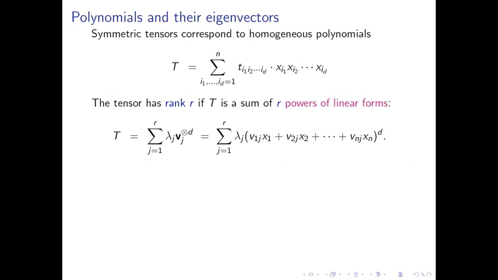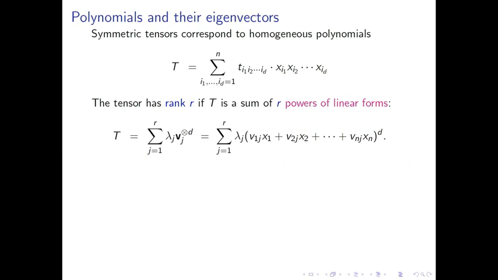So we have the stars and bars binomial many entries in the symmetric tensor, and then these are the corresponding coefficients of this polynomial. Now low rank decomposition for tensors translates into what's called the Waring decomposition of the polynomial.